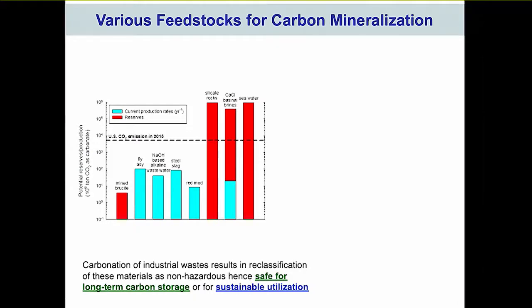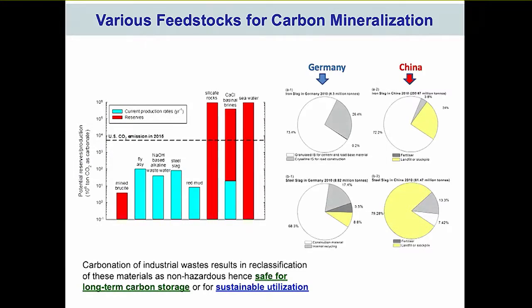But there are very unique low-hanging fruit or unique partners right here. So these are the industrial waste, which has high metal content, like calcium and magnesium. And they're interesting because they also emit a lot of CO2. These are point sources of CO2. So in fact, they have a co-location of huge amount of CO2 emission and a lot of solid waste, which has high alkalinity. So by putting them together, maybe we can do something.